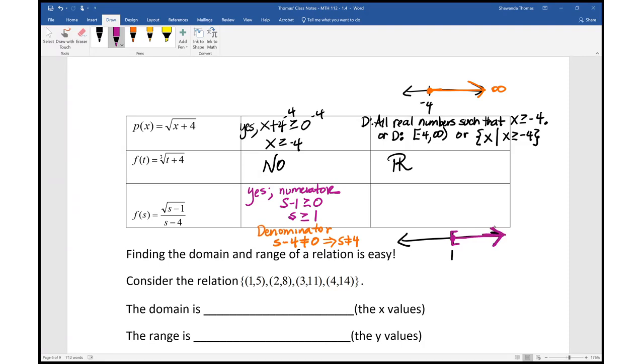But the denominator is saying at 4, let's say 4 is here, is not included here. It can be included everywhere else except at 4. So how do we write that as a domain to pull it all together?